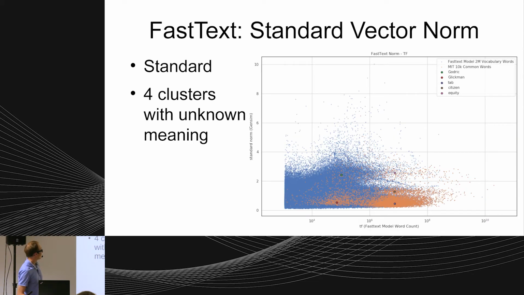So if we do the plot using just the standard FastText vectors, then we get the plot over there. On the vertical axis is the length of the vector, or the norm, and on the horizontal axis is the frequency of the word, how often it occurs during training, or its count. There's this interesting clustering: there are 4 clusters of the common words.